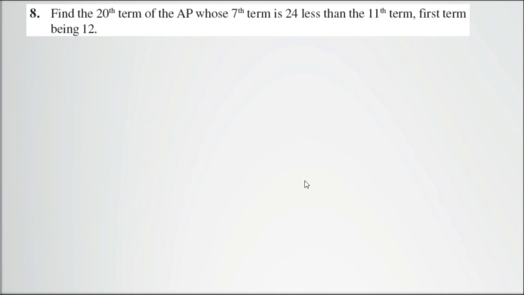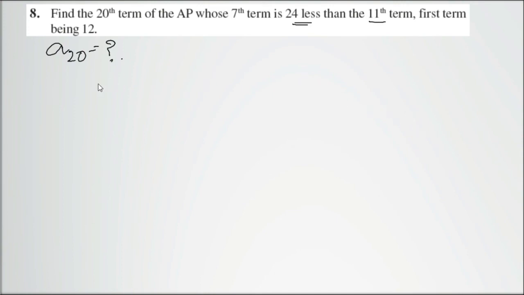Let me take up the 8th question. This will be the last question for today's session. Question is to find the 20th term of an AP. So A20 we need to find, whose 7th term is 24 less than the 11th term.